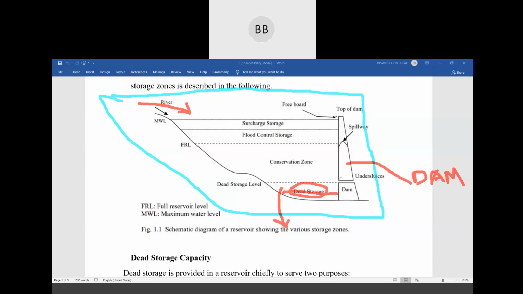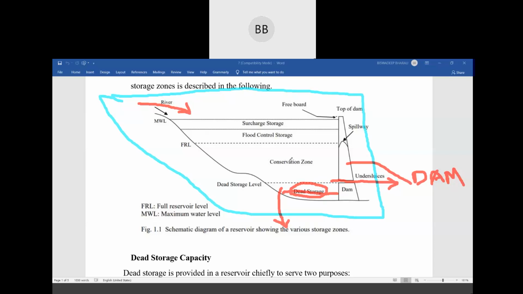Whatever water is above this dotted line is going to be diverted through this undersluice for various purposes. Whatever amount of water is below that dotted line is not usable, because it contains lots of silt, and silt has a tendency to settle down.